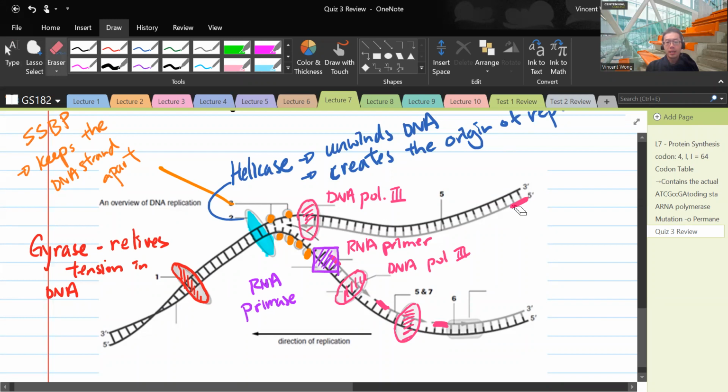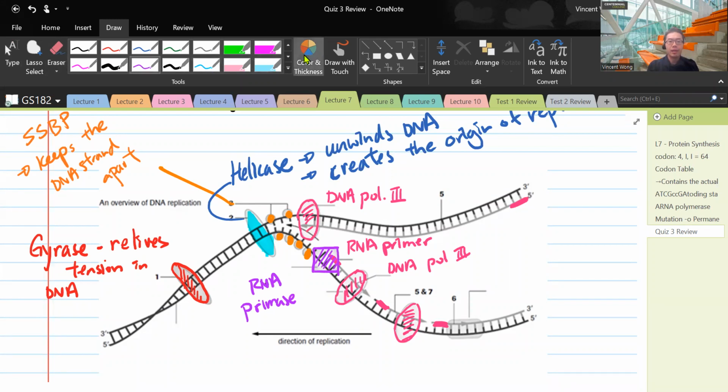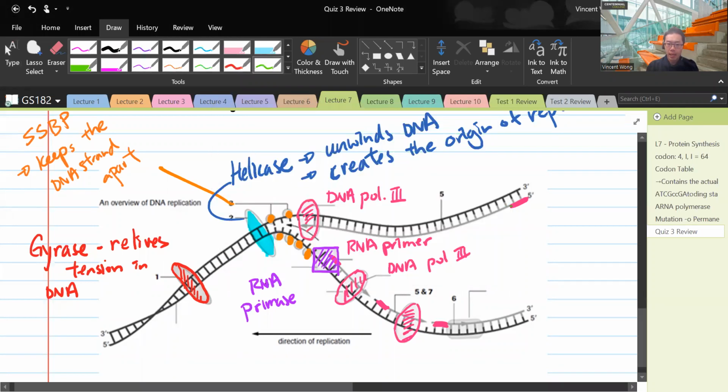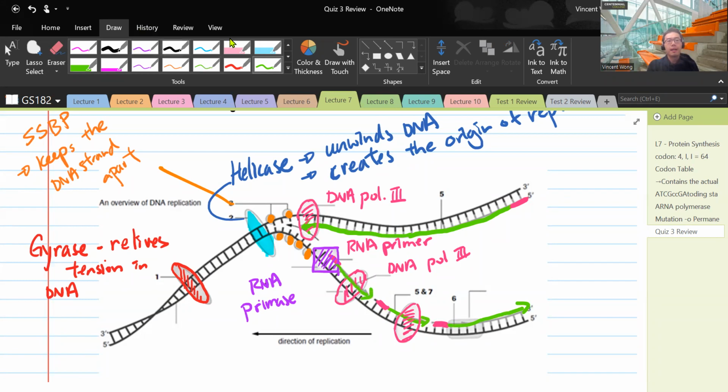So once the primer is put in place, then the DNA polymerase 3 is going to carry on, right? And it will build a new strand. It's going to go in the direction of 5 prime to 3 prime on the new strand. Right? So here we go, another 5 prime to 3 prime, 5 prime to 3 prime, like so. Okay.